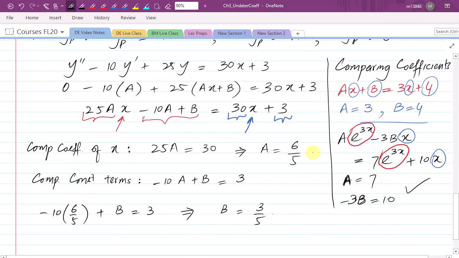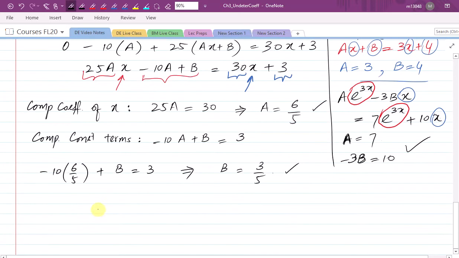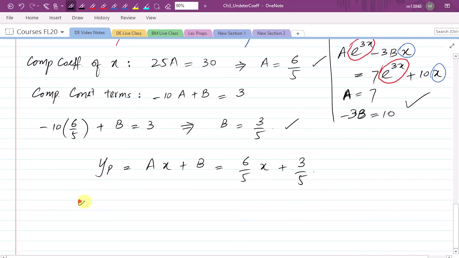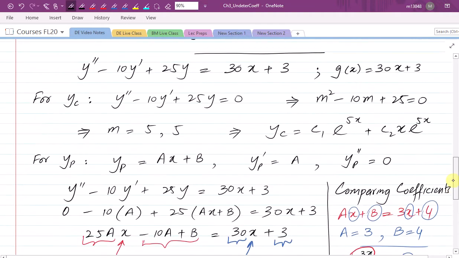Now we know our a, we know our b, and we can write yp equals ax plus b. So that becomes 6 by 5x plus 3 by 5. Our final solution, general solution again, because we are not given any initial conditions.